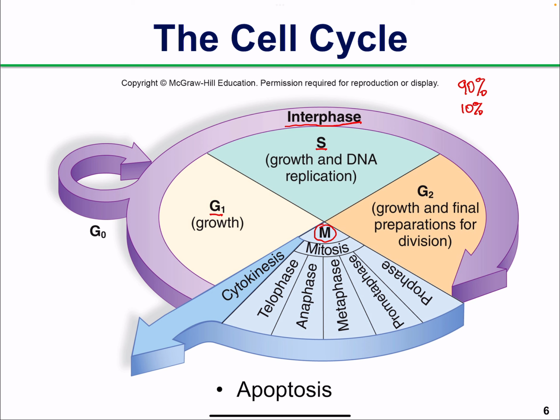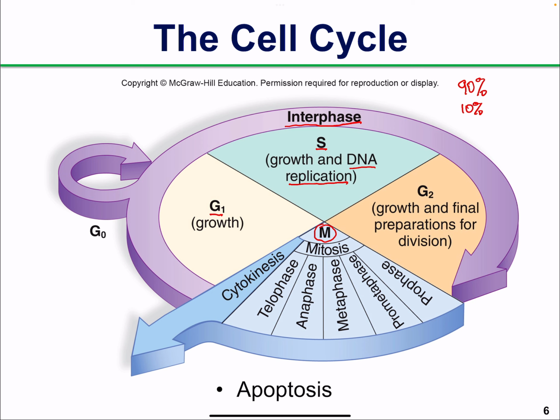The S phase, S stands for synthesis. But synthesis of what? Synthesis of DNA. So before the cell divides, it has to copy its genetic information through a process that we call replication.